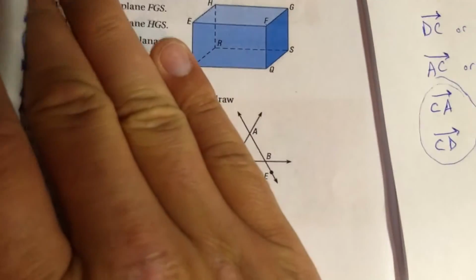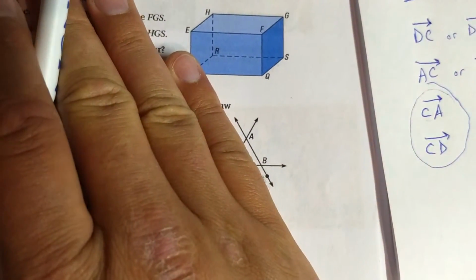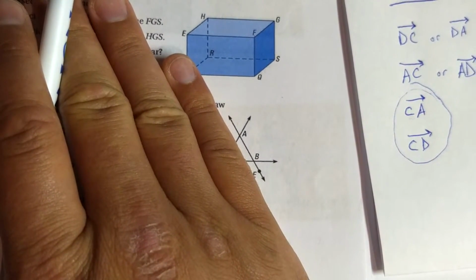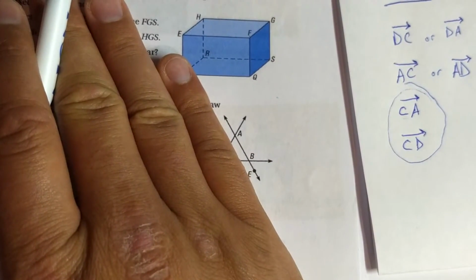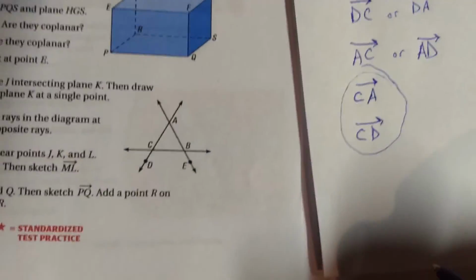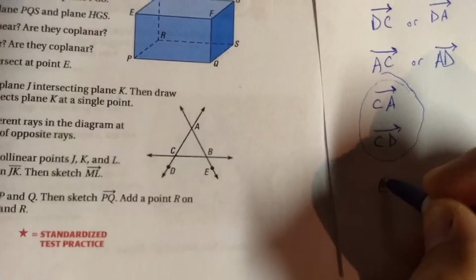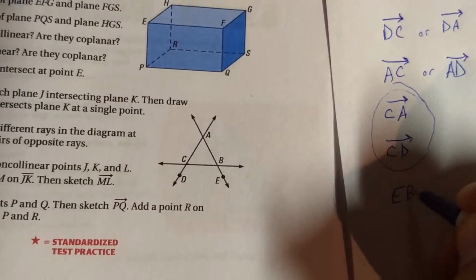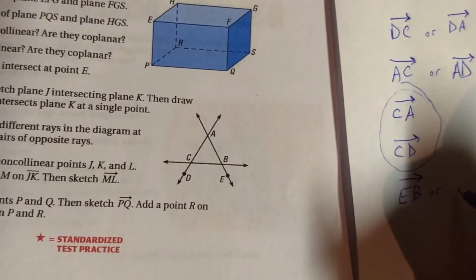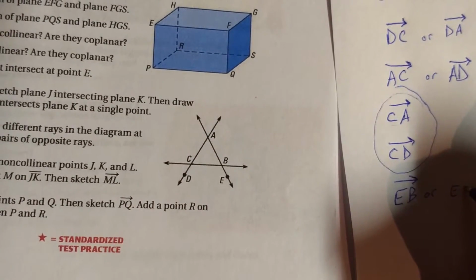Now, let's take a look at this line that contains point A and B and E. And we can find some rays in there again. Let's start down at the bottom with E and travel upwards. If I do that, I would have from E going through B, so ray EB, or I could also call that ray EA.